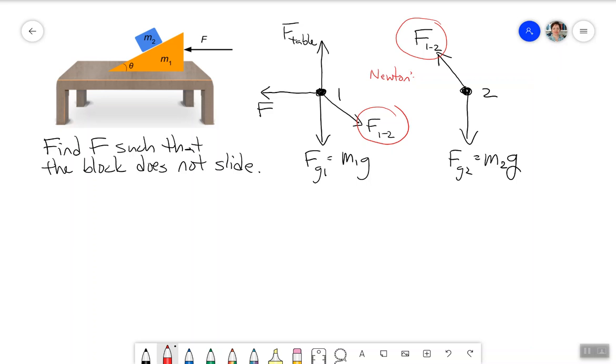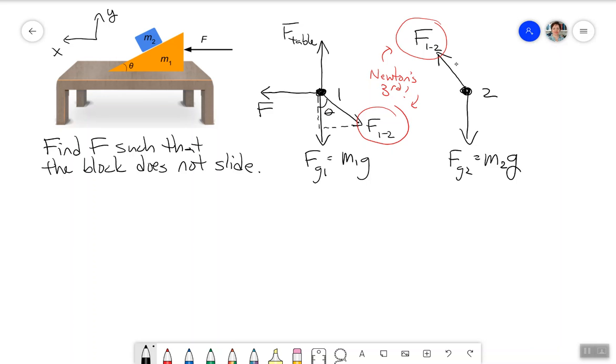But once we have that, we can just turn the crank and apply our method. So the next step is to choose axes, which we're going to do. So we'll have x and y, which means that the vectors that have components in x and y will need to be separated into their x and y parts.